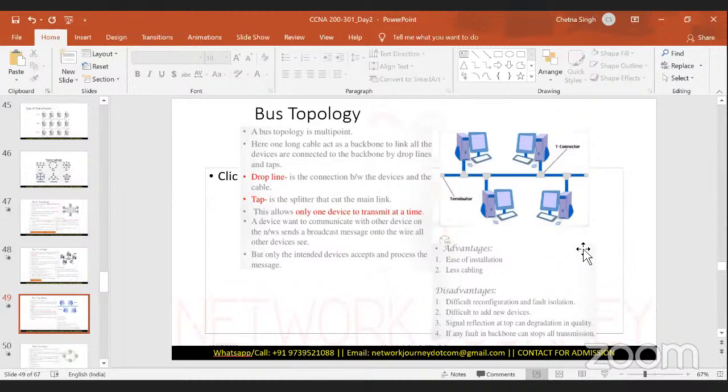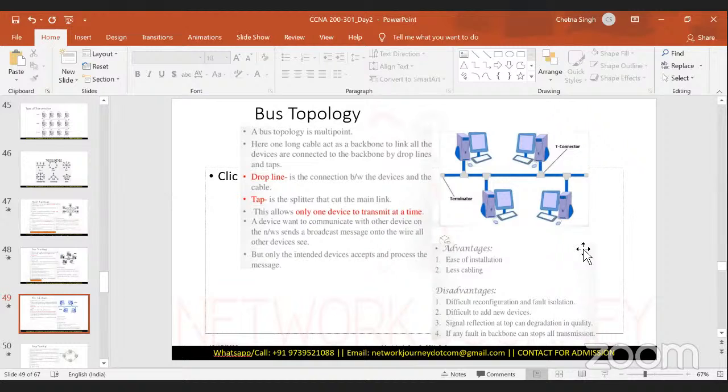Medium access control, which is the function offered by the data link layer, comes into the picture when we are talking about the bus topology. Only one device at a time can transmit, otherwise a collision will happen. When the collision happens, your message gets corrupted and is not received by the desired receiver.